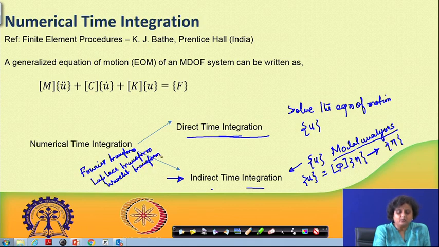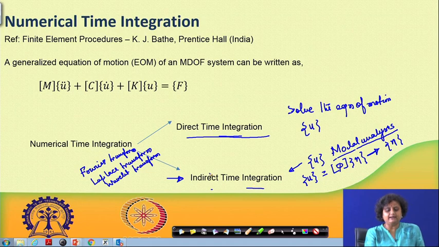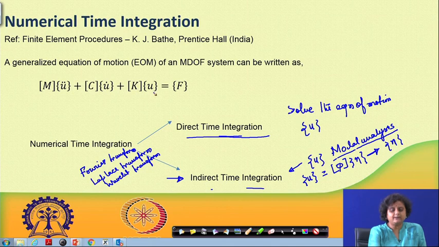In this kind of technique we do a Fourier transform of the degrees of freedom u, and we solve the equation of motion in terms of the transformed coefficients, or the Fourier coefficients. Once we solve the system in terms of Fourier coefficients, we get back the real degrees of freedom by using an inverse transform.